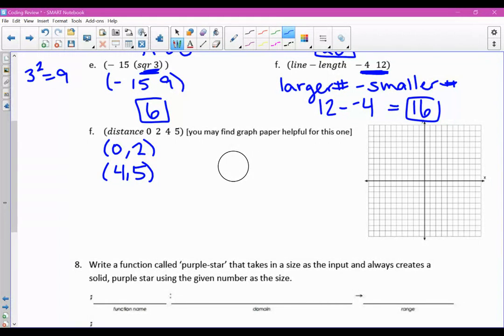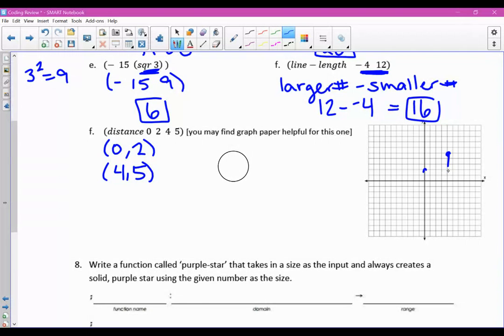So 0, 2. And 4, 5. So really what we're doing here is creating that right triangle. So if we want to find the distance, whoops, that's not 5. Y'all probably looking at me like, what's she doing? 0, 2, 3, 4, 5, 4, 5.